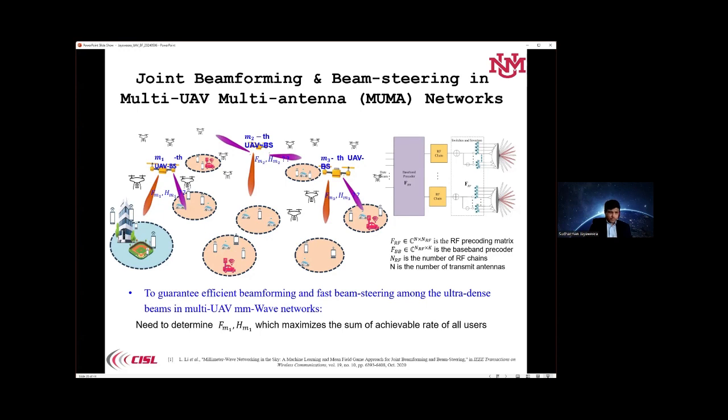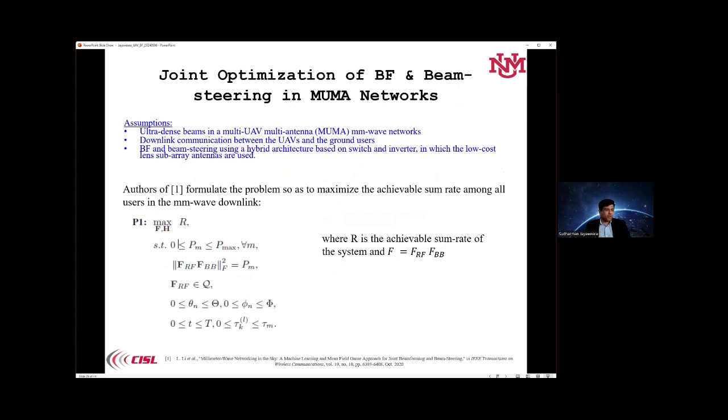The beamforming matrix is denoted by F, and the beam steering matrix is denoted by H. And the goal is to find the beamforming and beam steering matrices so that you maximize the sum rate of all the users in the network. So the problem is originally denoted as this maximization of the sum rate over the beamforming and the beam steering matrices. And here you are considering the downlink communication from the UAVs to the ground users.